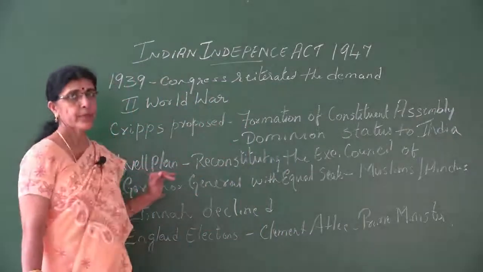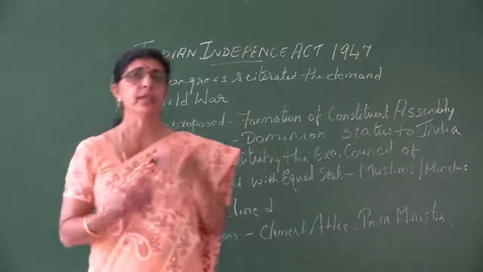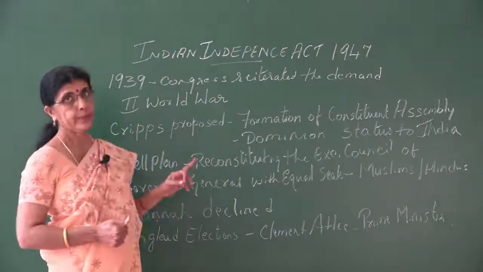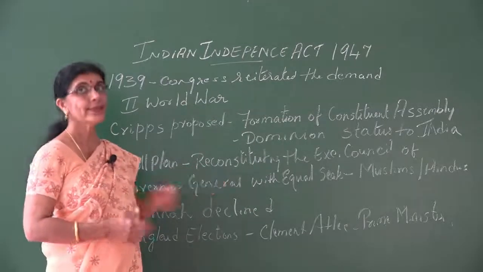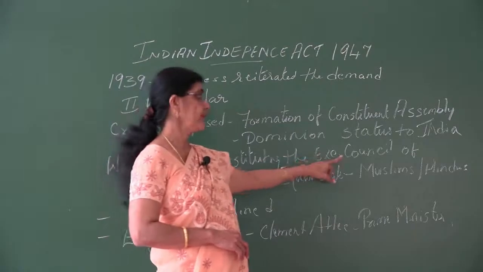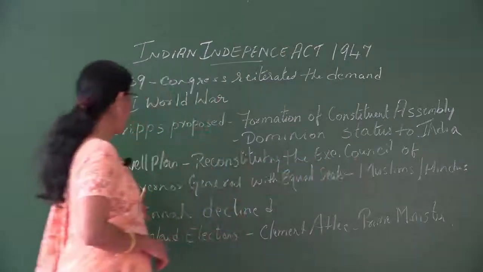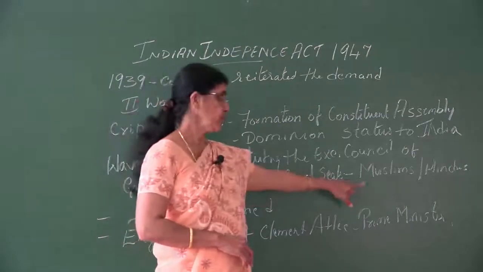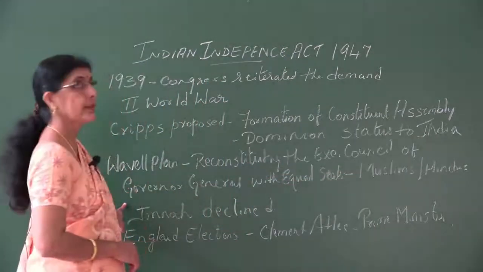At that time, they realized that they have to make certain other changes, and they brought in the Wavell Plan. In this Wavell Plan, they said that there shall be a reconstituting of the Executive Council of the Governor General with equal seats for Muslims as well as the Hindus.